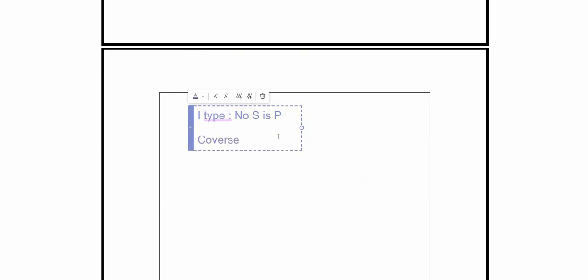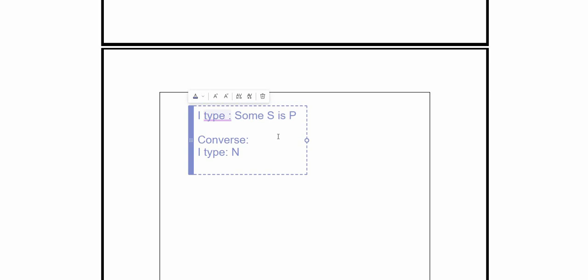So how will we do converse? The converse is very simple. Predicate and subject are interchanged, and I remains in I type. Sorry, this is some. I hope you're catching my mistakes here.